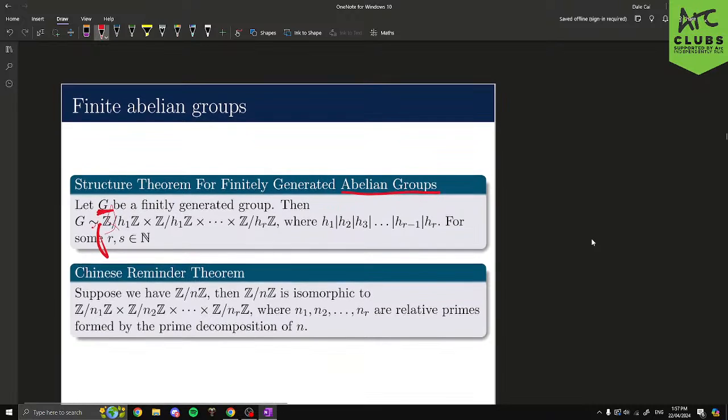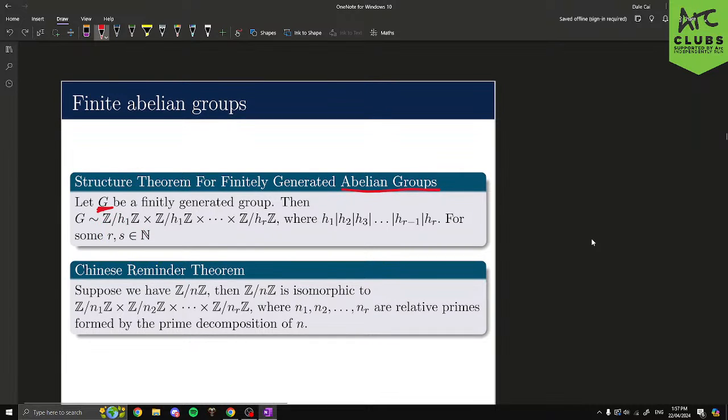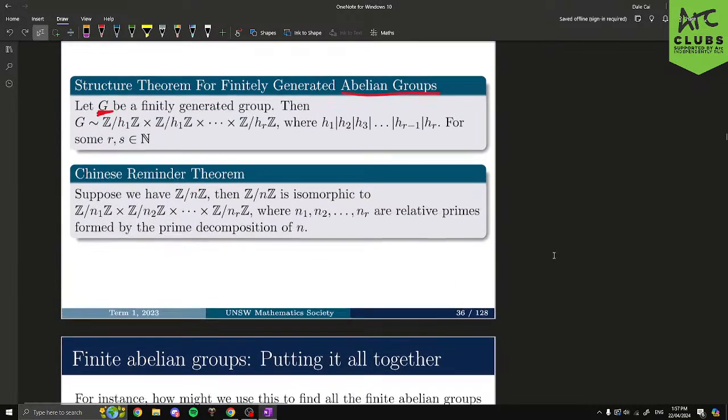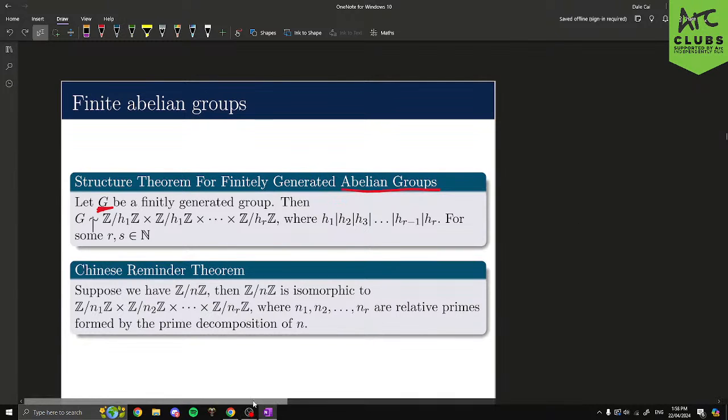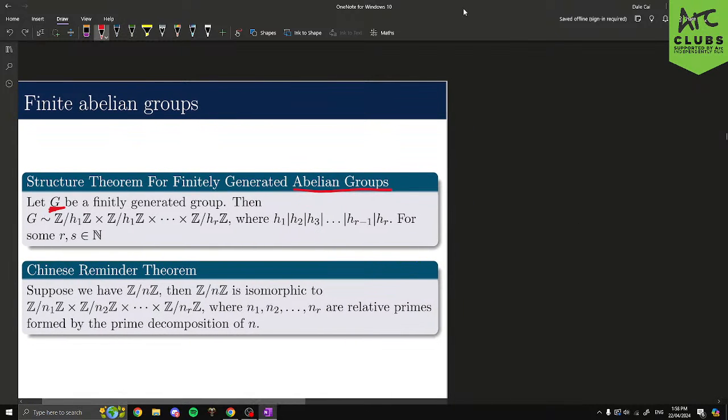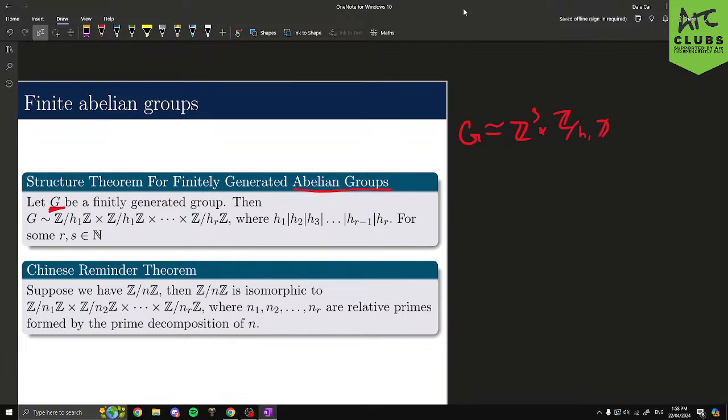There should be Z to the S times the rest of this. So G is isomorphic to Z to the S times Z mod H1Z times Z mod H2Z, and so on, up to Z mod HRZ.